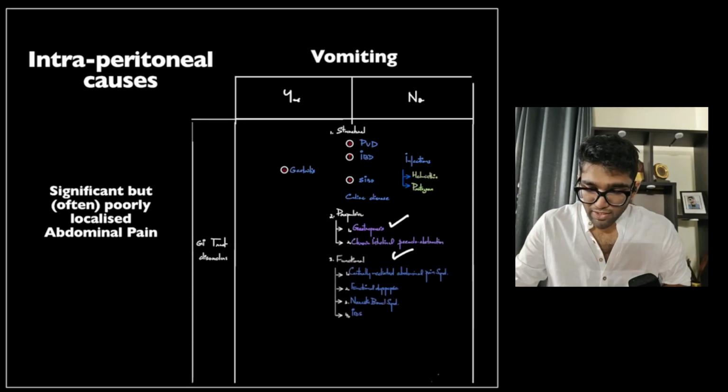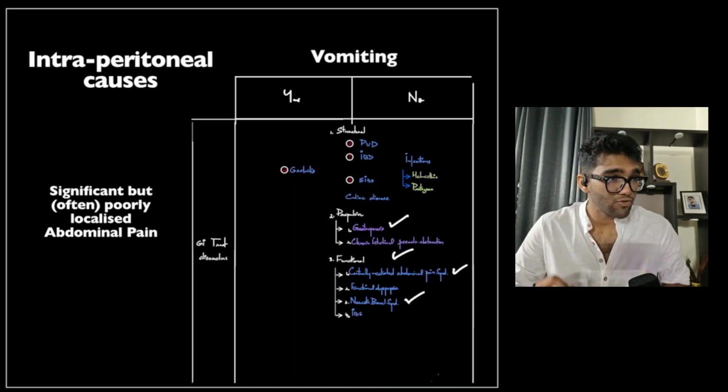Okay. Then we have the functional disorders, and the functional disorders are centrally mediated abdominal pain syndrome, functional dyspepsia, narcotic bowel syndrome, and IBS. I'll be discussing narcotic bowel syndrome and centrally mediated abdominal pain syndrome here, and we'll discuss IBS separately at a later date. Functional dyspepsia will be discussed under dyspepsia in the next video.